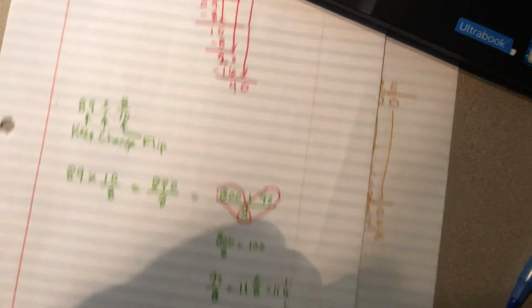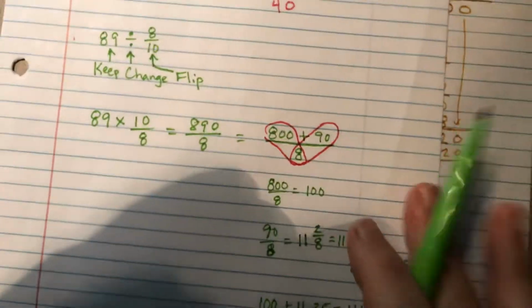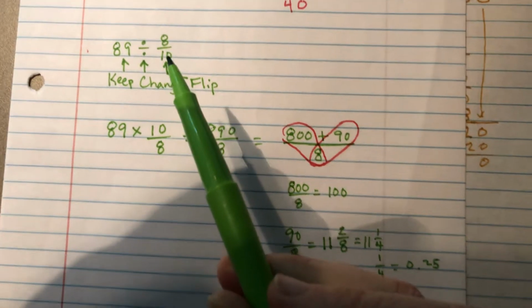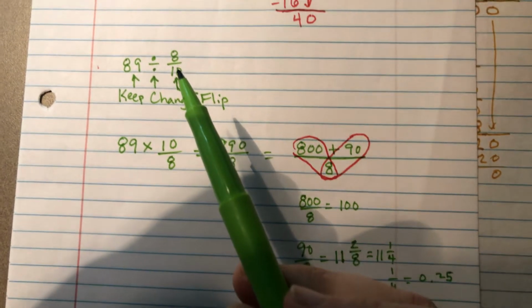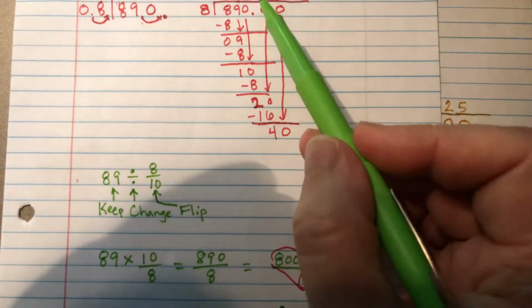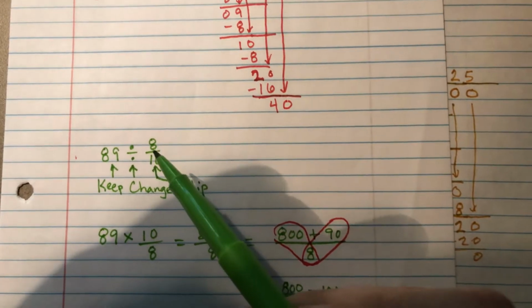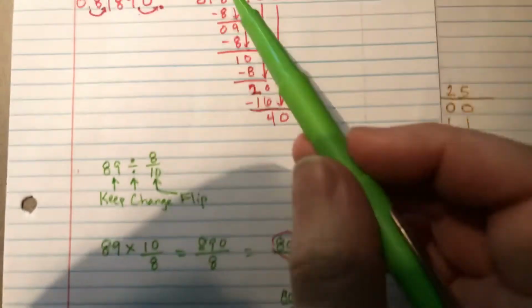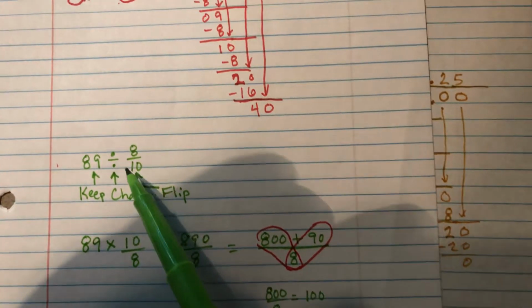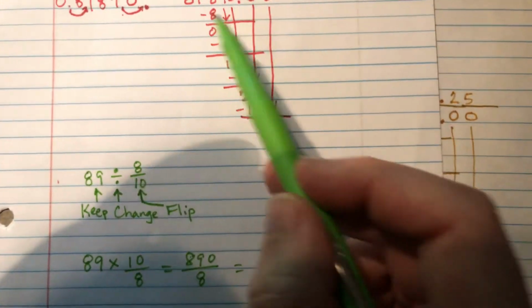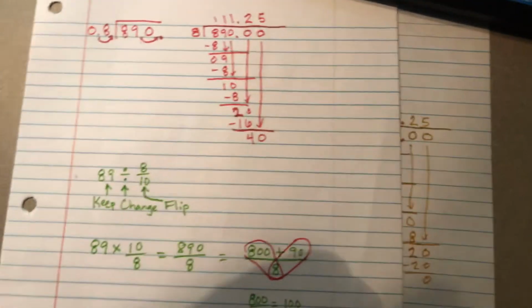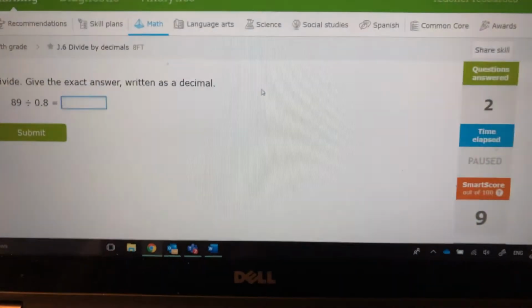And there you have it, 111.25. So you see, it's super important to know how decimal numbers are also fractions, and you can also solve by dividing by a fraction instead of using the standard algorithm. Cool, huh? 111.25.